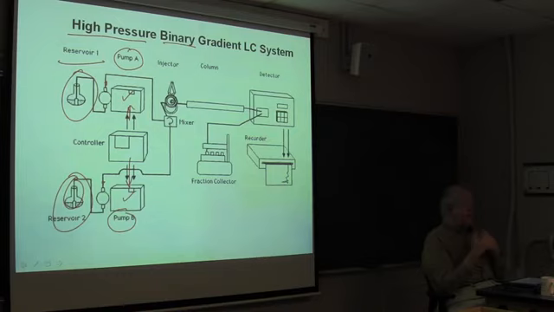So there has to be an electronic interface coupled to both pumps saying, pump A, I want you to go fast, then go slower. Pump B, I want you to start slow and then go faster. And by the way, keep the total volume flow the same. So that's a high pressure binary system. If you wanted a ternary system where it was all high pressure, you'd need to get another high pressure pump. And high pressure pumps ain't cheap.